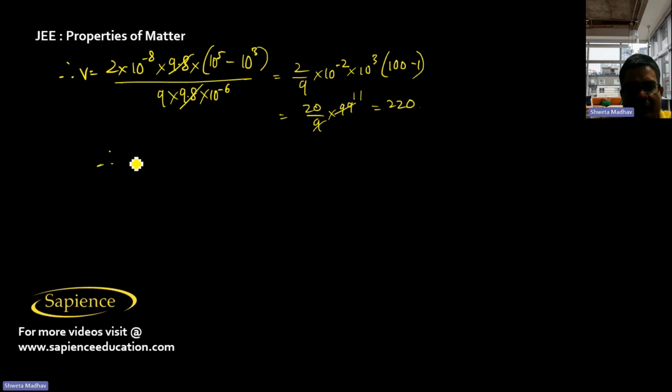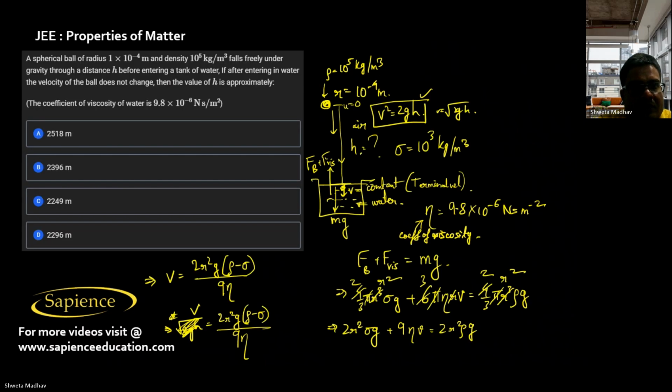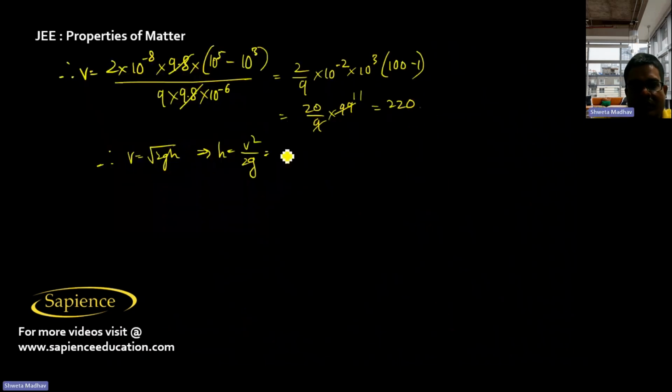Now therefore v is equal to root over 2gh. So therefore h will be equal to v square by 2g. So v square, that is 220 into 220, divided by 2g, which is 2 into g, g is 9.8.